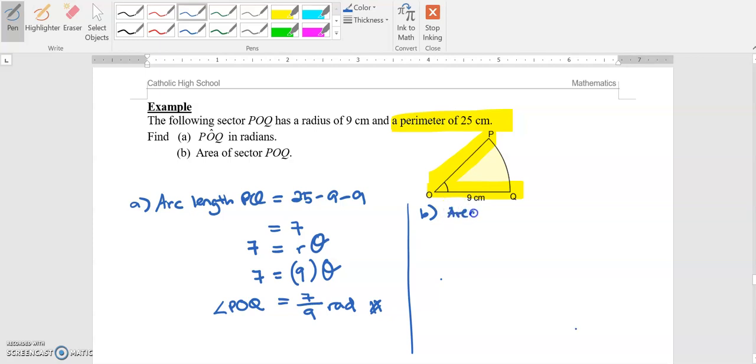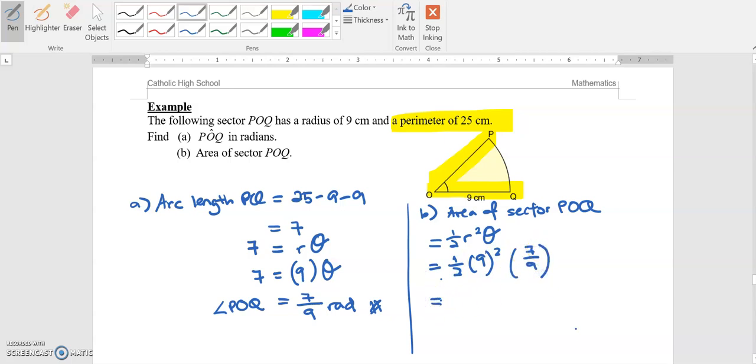So in this case, area of sector POQ is half r squared theta. Over here, when I fill in the information that I have, that's 9 squared, and this is 7 over 9 radian. I do my calculation, I will get 31.5 cm squared. Exactly.